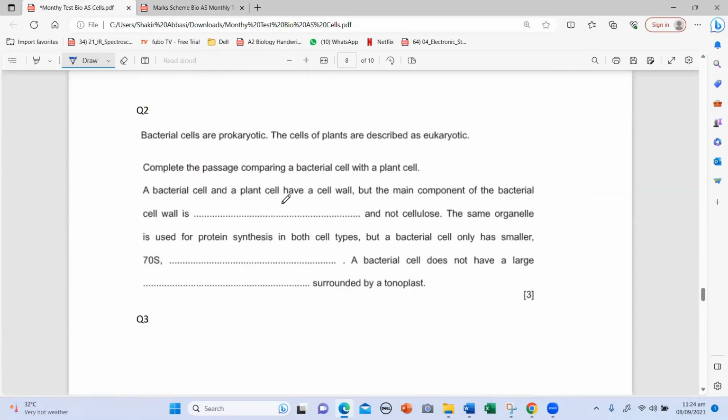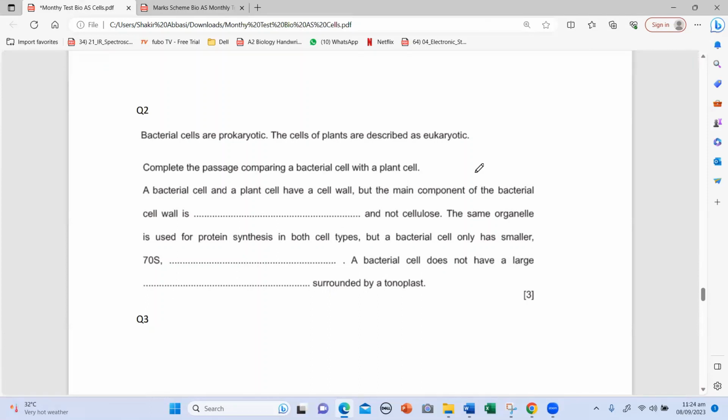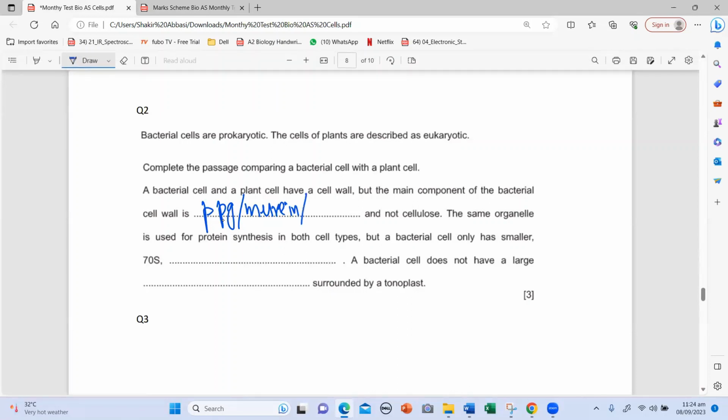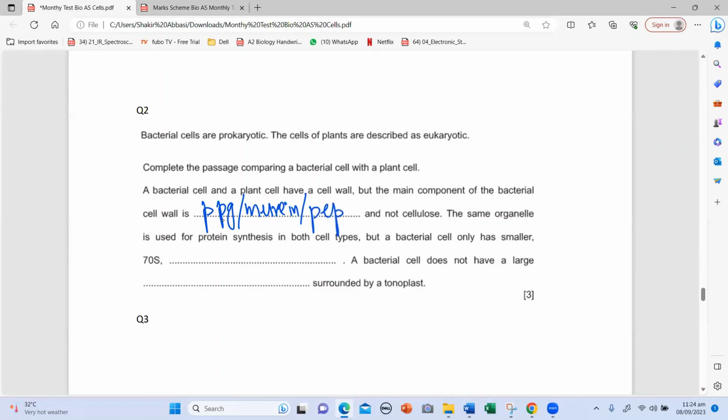Bacteria and plants both have a cell wall, but the main component of the bacterial cell wall is PPG, which is also called murein, or peptidoglycan, whatever you name it.